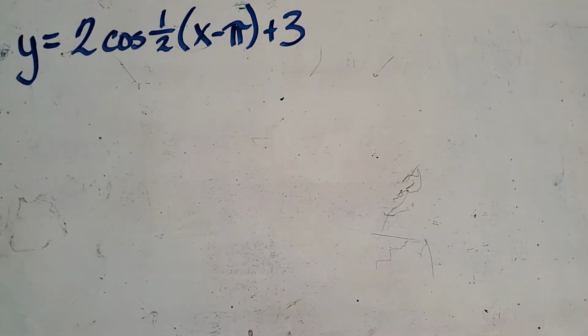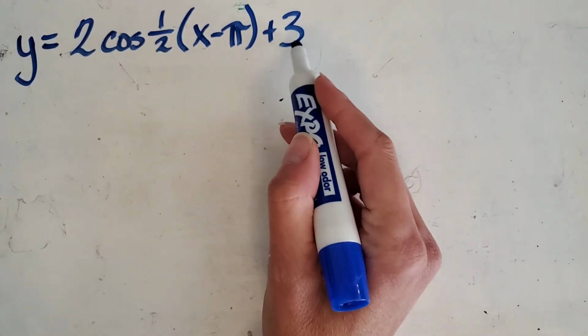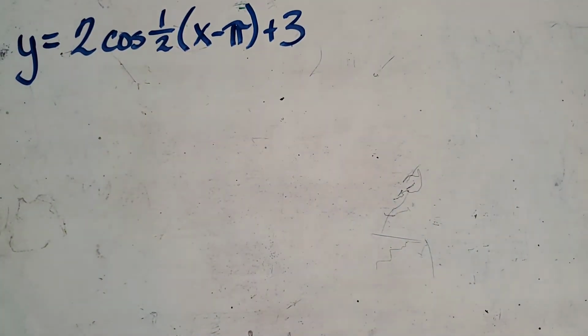Okay, so as I look at this, you can move from left to right. You can do these in any order that you like. I tend to like to set up my graph with the shifting in mind, because the shifting is going to change where that graph is.